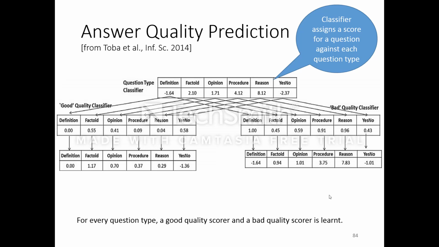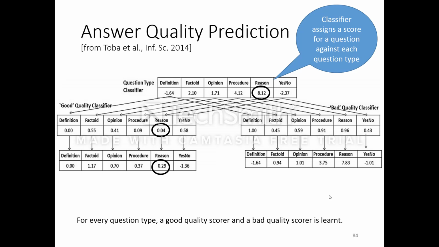So here, if you have a particular question which has a high value for the reason question type, a reasonable value for the procedure question type, and it's definitely not a yes or no question nor a definition question, you now take the answer and run it against a good quality scorer for each question type, and against a bad quality scorer for each question type.